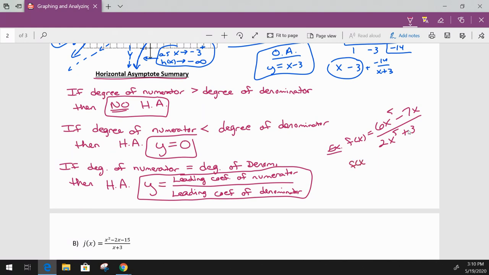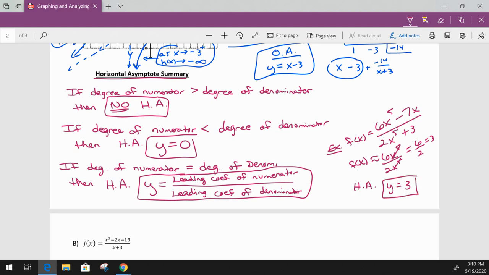So f of x is going to be very close to the graph of 6x to the 5th over 2x to the 5th. Those x to the 5ths are the same, so when you reduce, you just get 6 over 2, or 3. So your horizontal asymptote would be the line y equals 3.